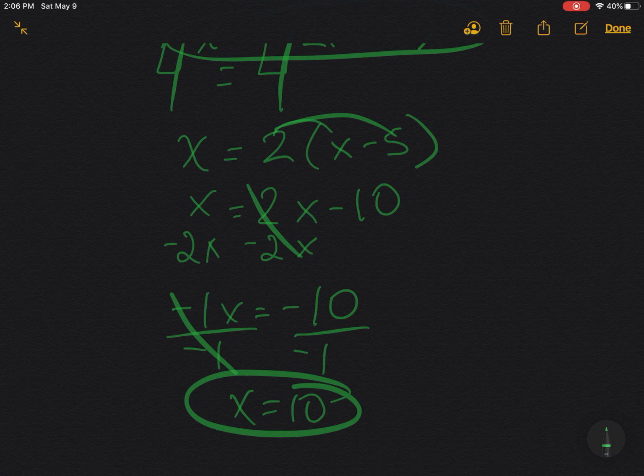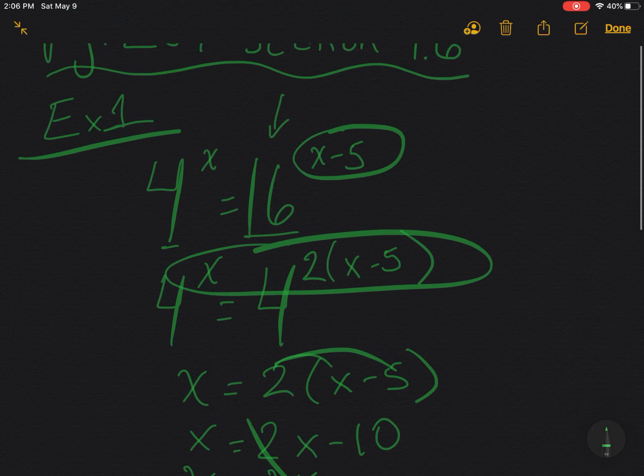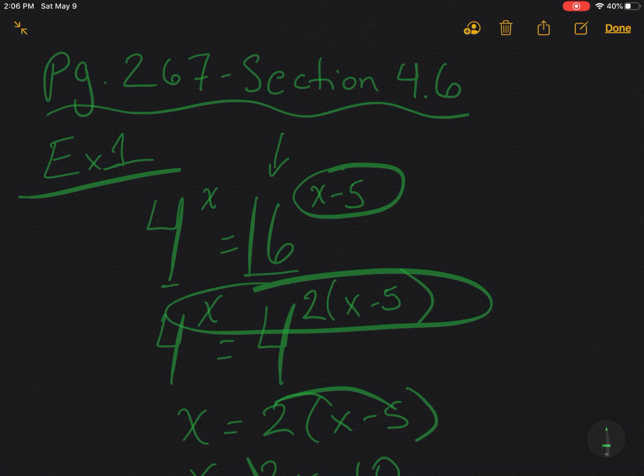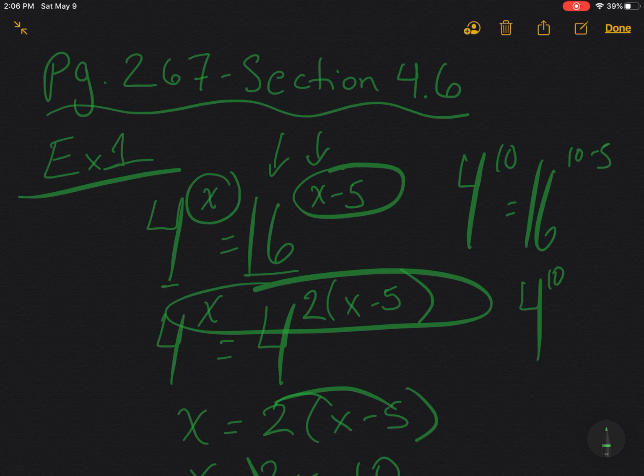Now again, always see if you did it right. How? Just plug in. If you look at the original problem, if we plug in a 10 here and a 10 here, let's see what happens. You would get 4 to the 10th equals 16 to the 10 minus 5, and 10 minus 5 is 5.